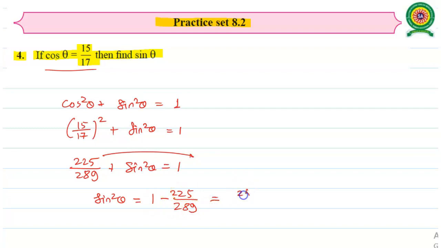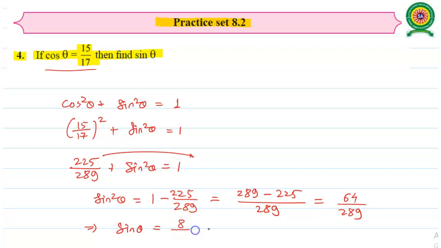By cross multiplication, we have 289 minus 225 divided by 289. So 289 minus 225 is 64, so sin square theta is 64 divided by 289. Taking the square root on both sides, sin theta equals square root of 64, which is 8, over square root of 289, which is 17. So the value of sin theta is 8 divided by 17.